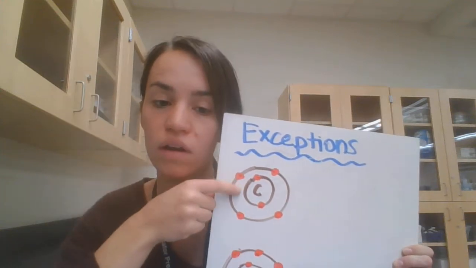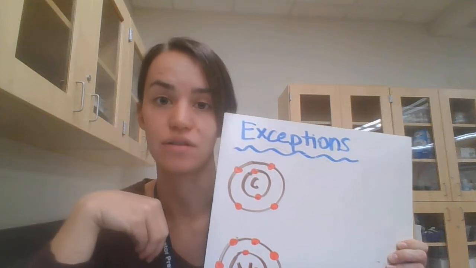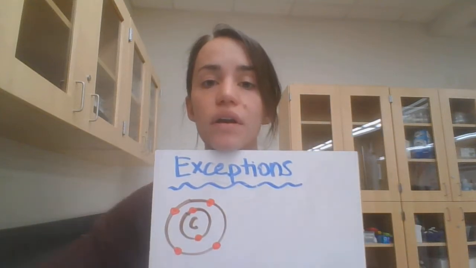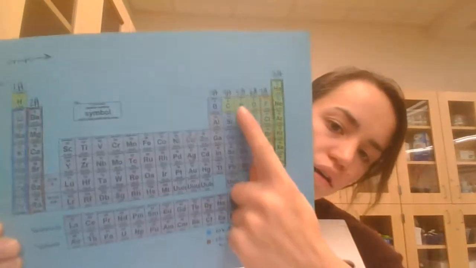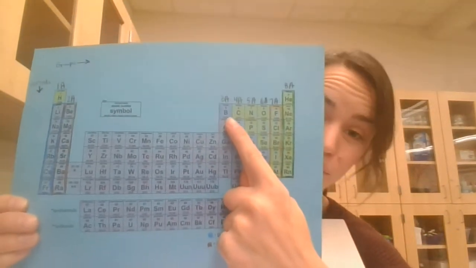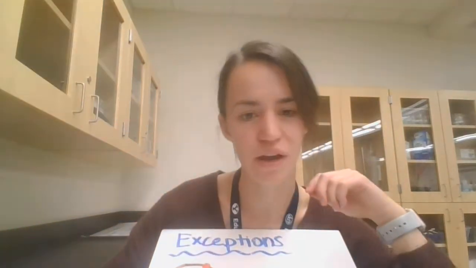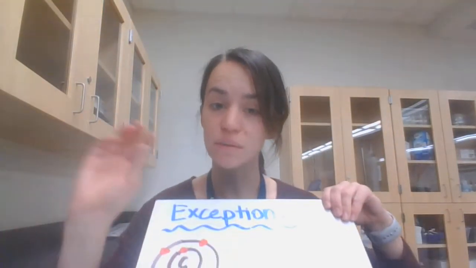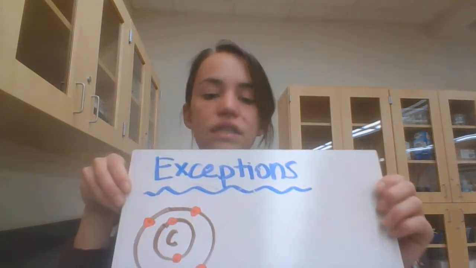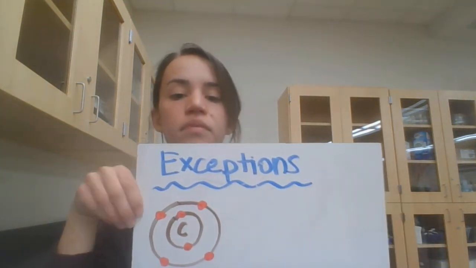So carbon normally doesn't form any ions. So again, on our periodic table, if we look at our carbon row, anything that's in this 4 row usually isn't going to create an ion. Okay, there are some exceptions where they will, but for this class, they're not going to create ions.